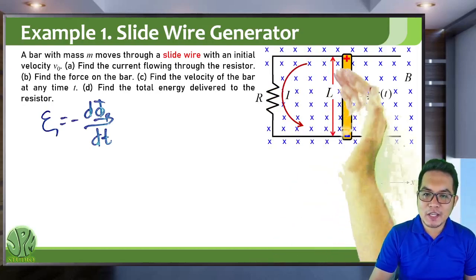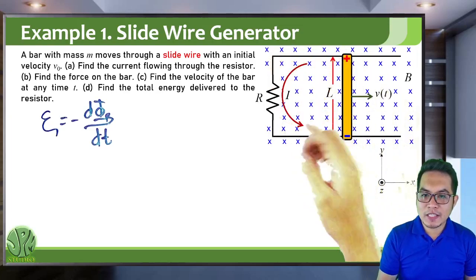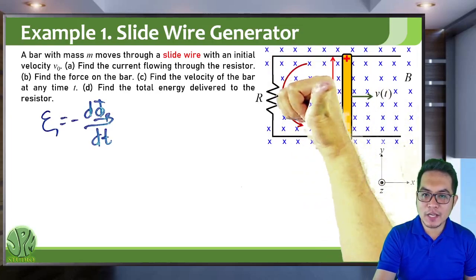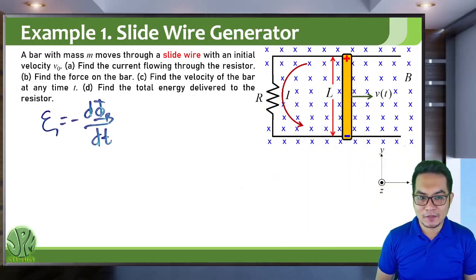So if that is the direction of the current, this is actually a loop. If the direction of the current is counterclockwise, then the direction of the area vector is positive z hat.